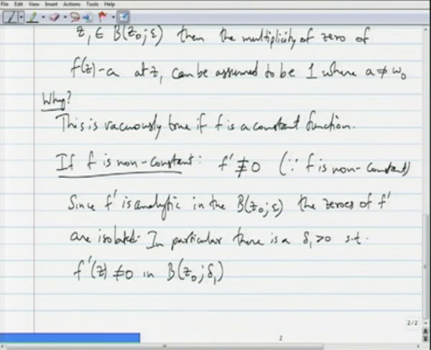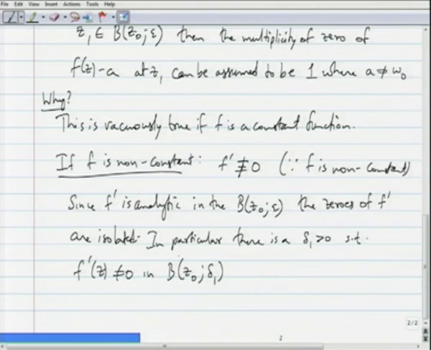So, even if f prime is 0 at z naught, there is a small neighborhood around z naught such that f prime is not 0 in, I should say, the deleted neighborhood B prime z naught, delta 1. Okay. So, i.e., for 0 strictly less than mod z minus z naught strictly less than delta 1. Okay. So, that is the deleted neighborhood of z naught.